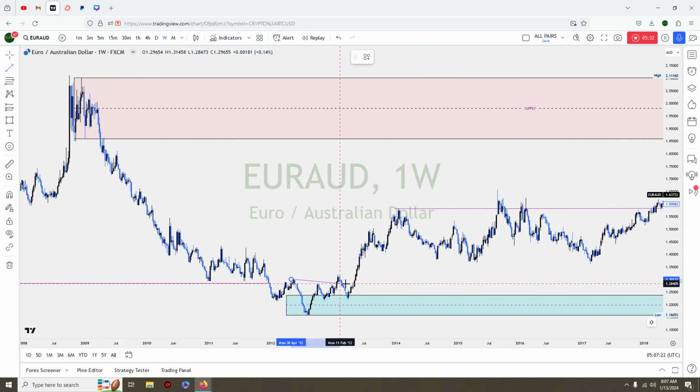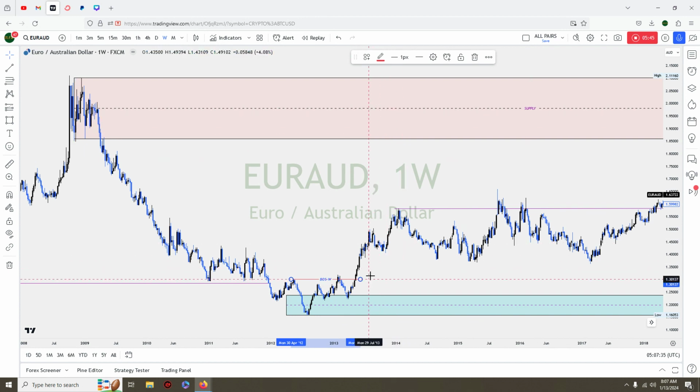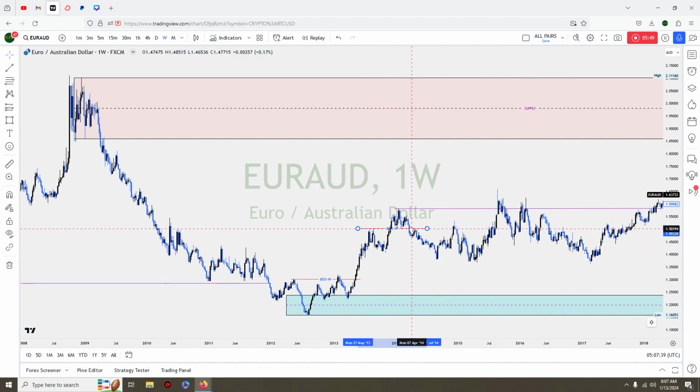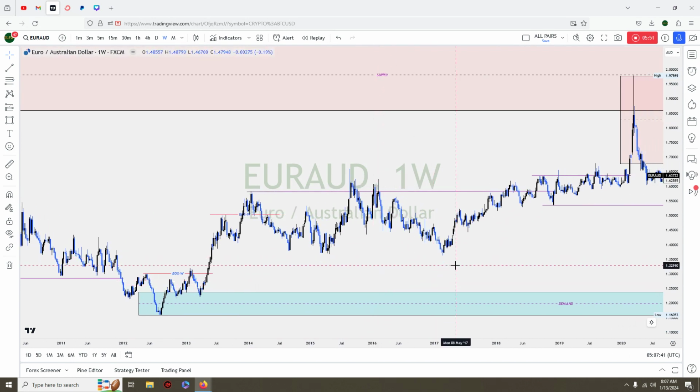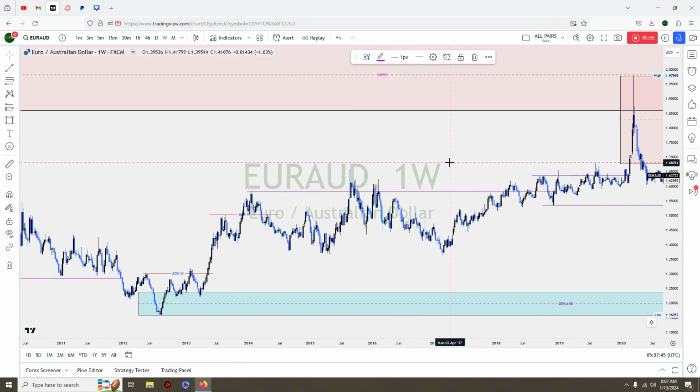So if we draw this structure here, we call that a break of the weekly. Then we clone it, and we bring it here. We have another break on the weekly, and then we have this one that was on the monthly. We can now convert it to the weekly.